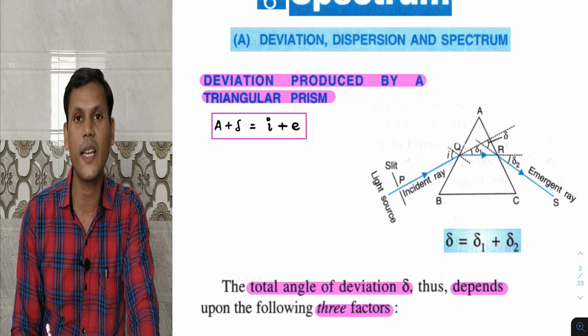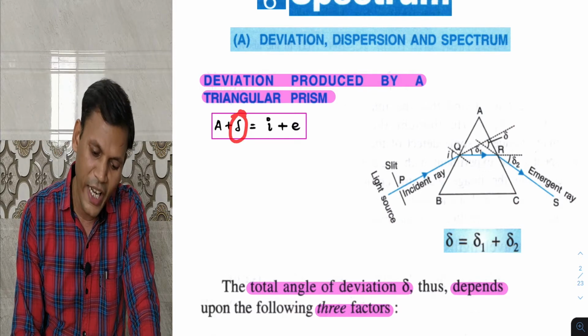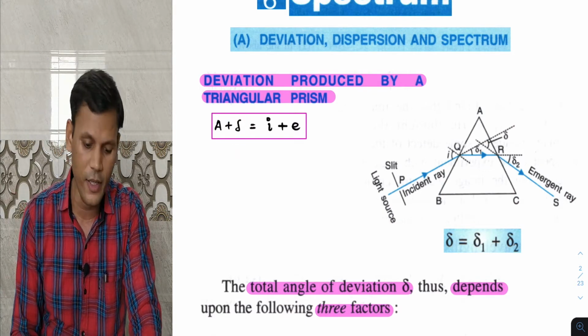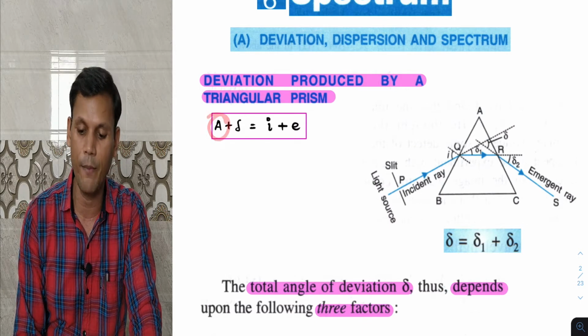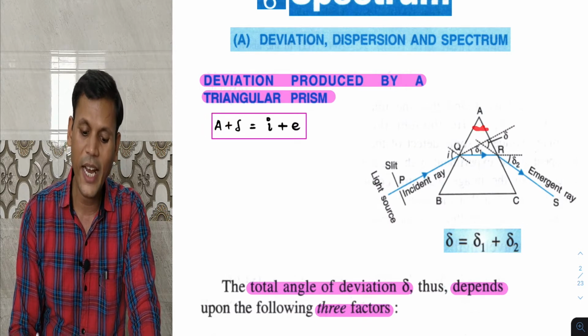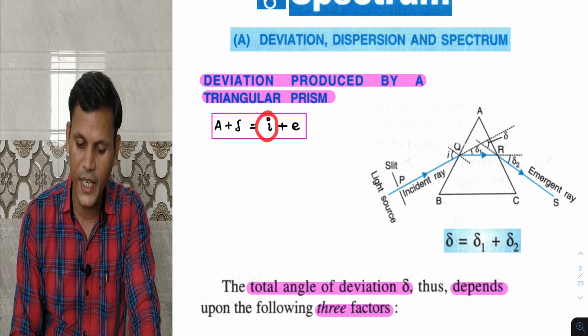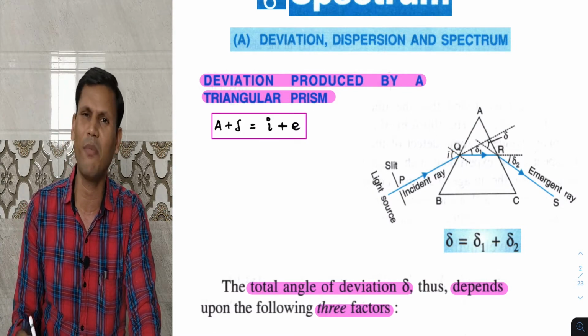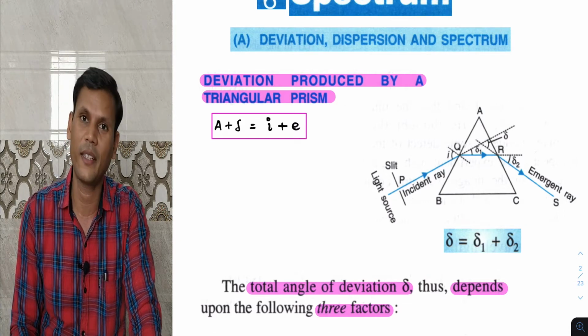So the angle of deviation delta will depend on what factors? The first factor is the angle of prism, this angle. The second factor is the angle of incidence, that is this. The third factor may be the angle of emergence, but we can't say it is a factor.